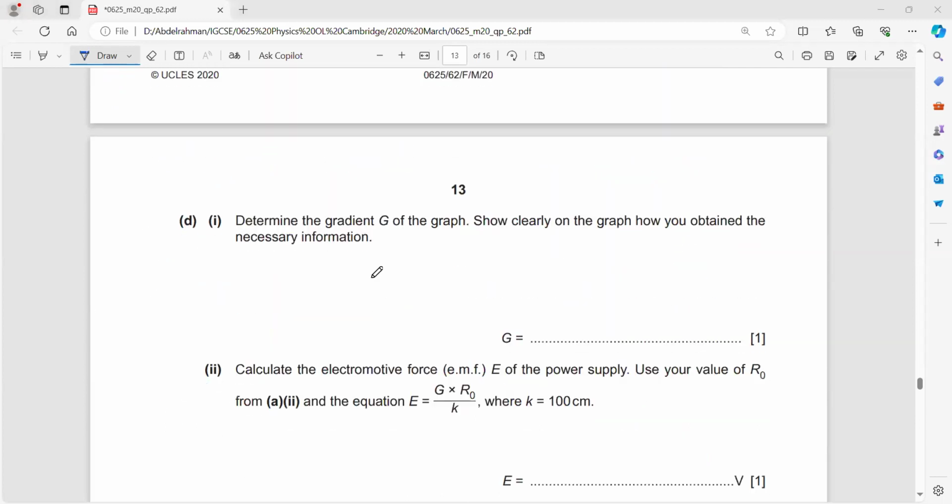So it's 70 minus 30 over 2.86 minus 1.54. It would be 30.3. 30.3. Okay.